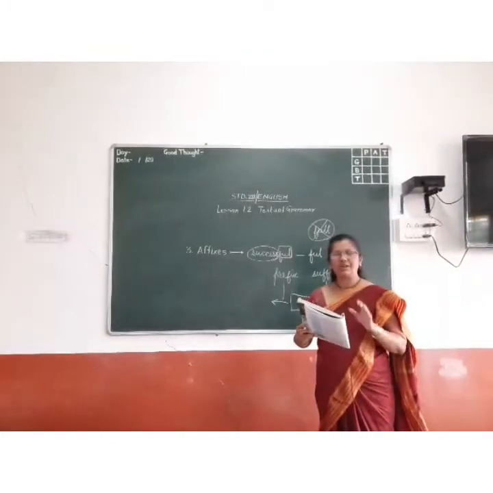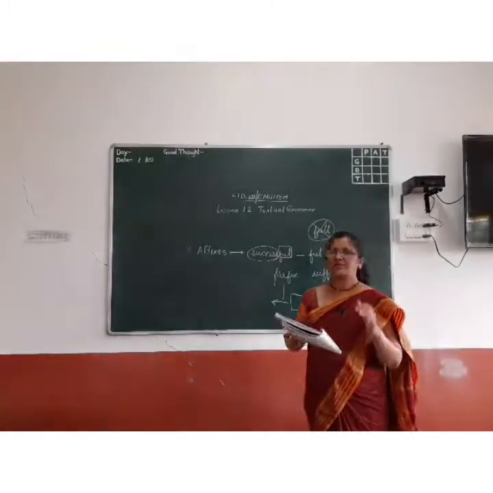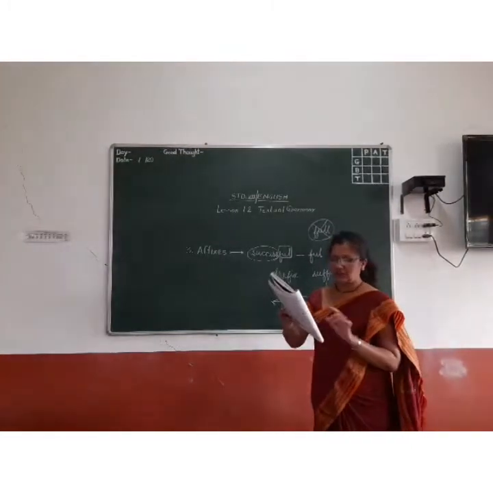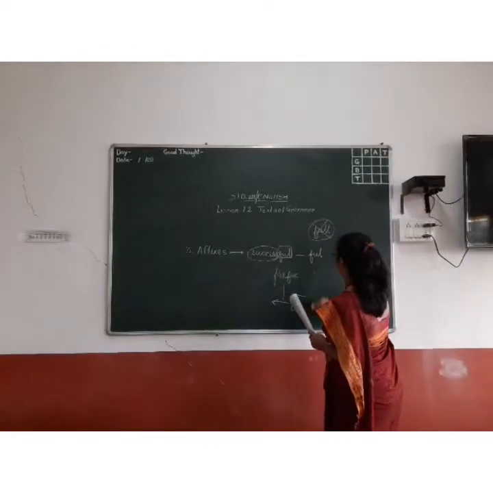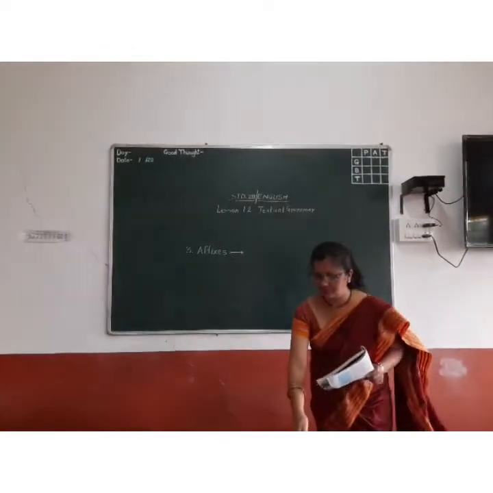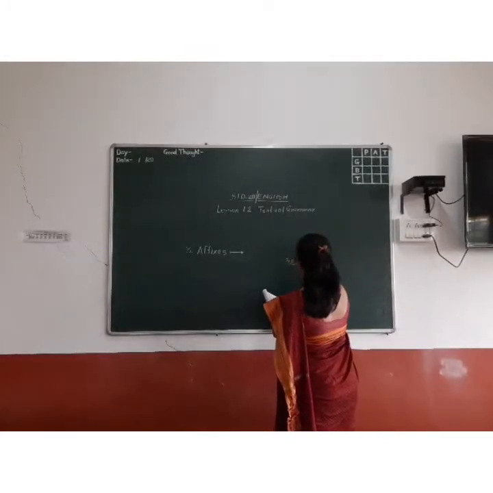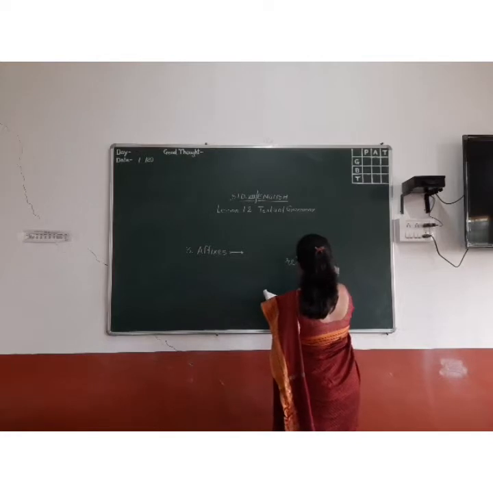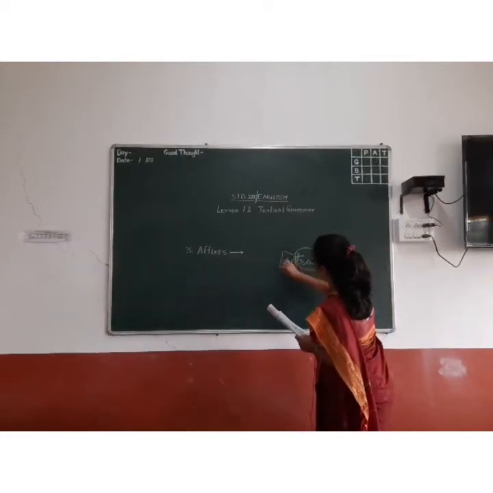Next is retrace. The root word is trace and re is applied. Now check the place of this group of letters. Again, we'll write on the board. The word is retrace. And this is the root word and this is the group of letters added.